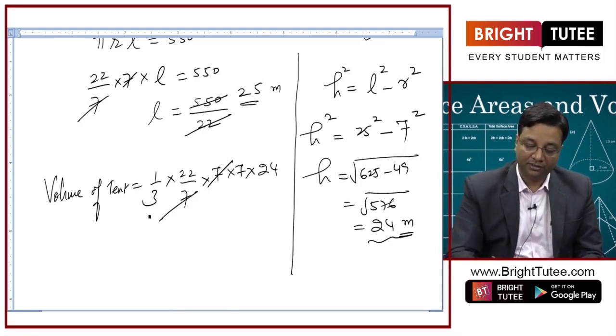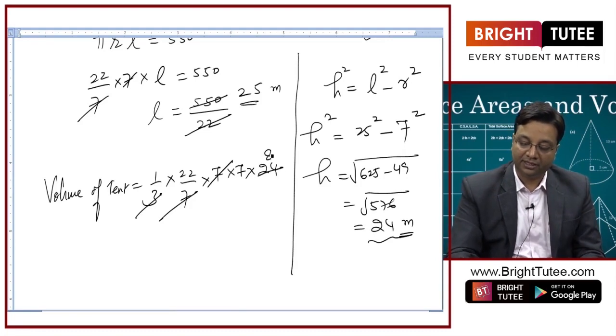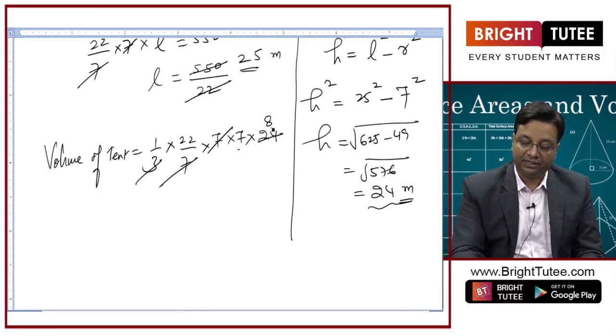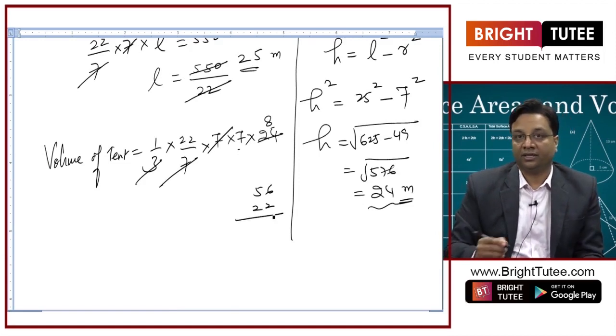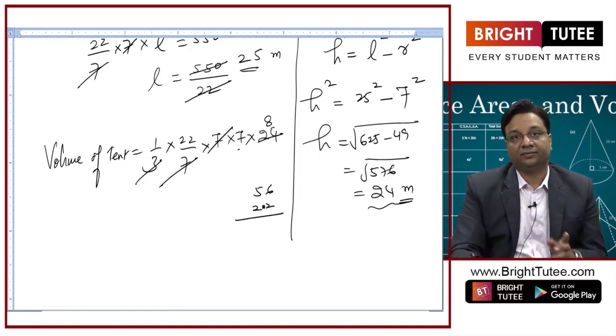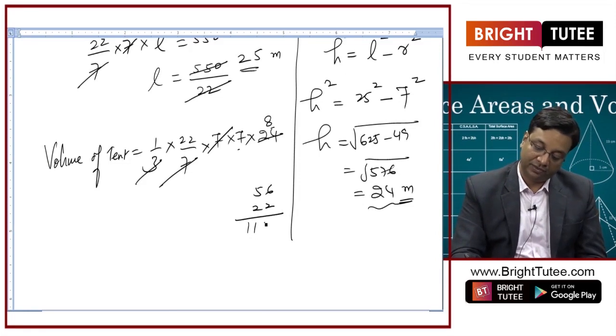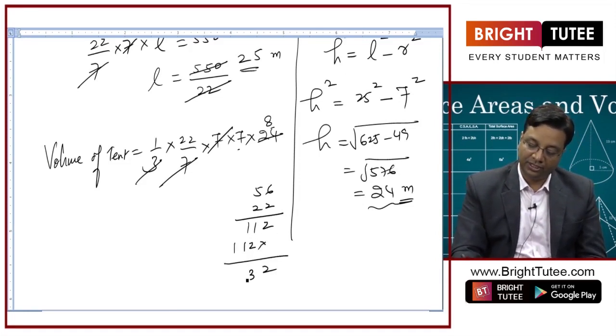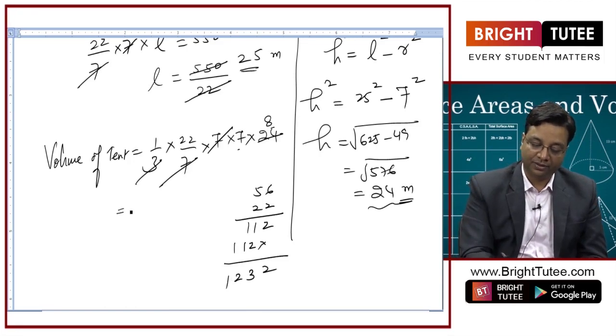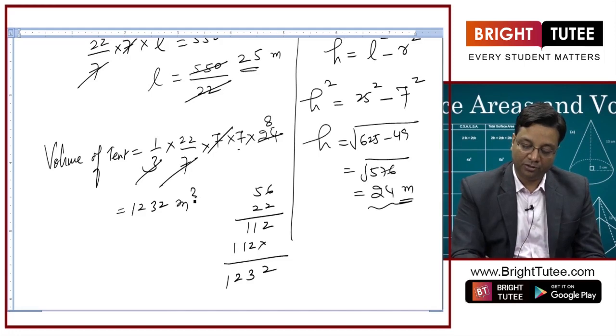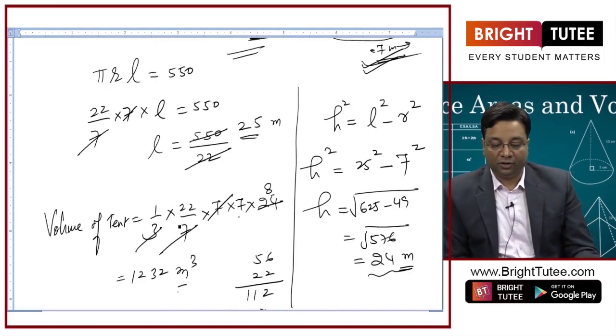So this is cancelled, 3 8s are 24, 7 8s are 56. So 56 into 22 will give you the answer. 56, double of 56 is 112. Once again, so 1, 2, 3, 2, and meter cube is the unit here. It is the volume of this tent.